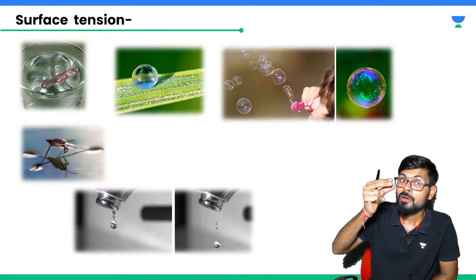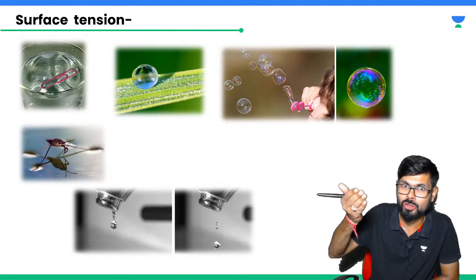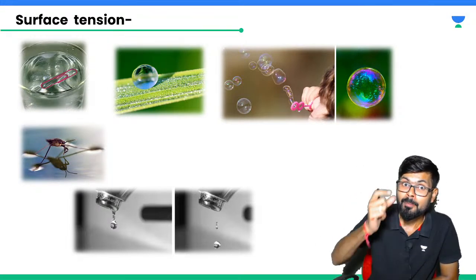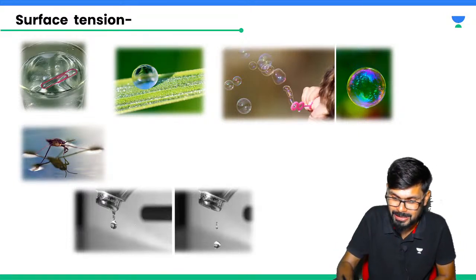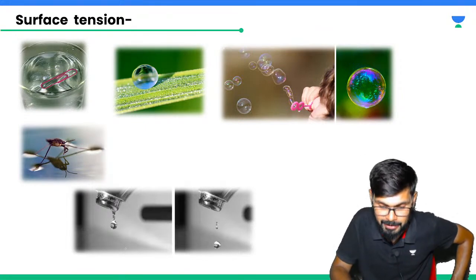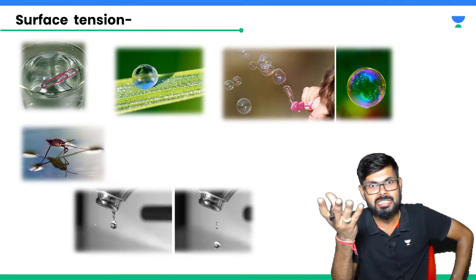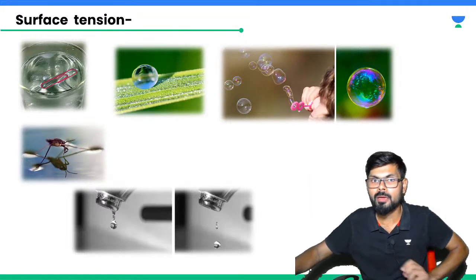After some time, when mg becomes more than the surface tension force, it will separate, because what balances it is the surface tension. So the size of the droplet will be decided by the surface tension.